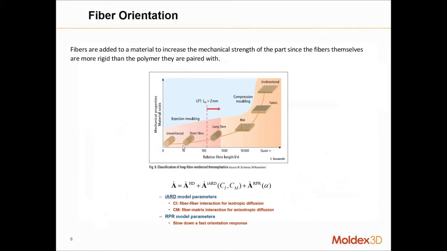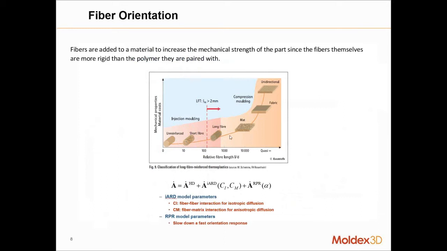When we're talking about short fibers, as the name might suggest, they are short. With longer fibers, you have a lot more interesting phenomena, things like fiber breakage. The fibers themselves, being so rigid, do have some modulus, and if that modulus is exceeded, then the fibers will break.